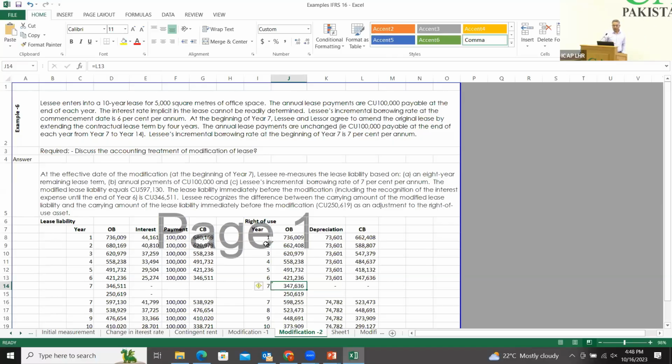So here, for an additional 4 years, there is the same rental of 100,000. So we calculate the present value of remaining lease payments.